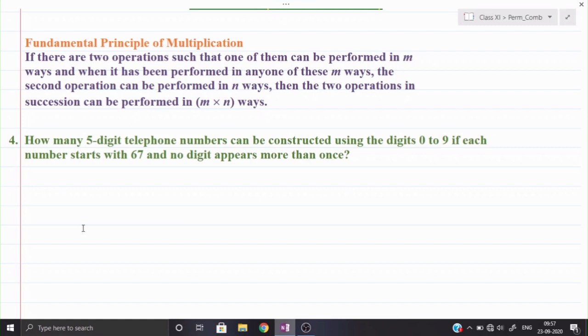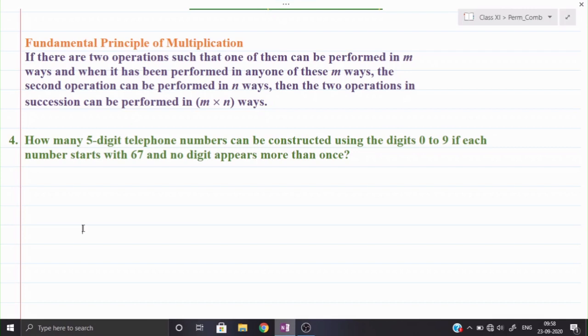So think of a 5-digit telephone number we have to generate using the digits 0 to 9, if each number starts with 67 and no digit appears more than once. You must have seen that when mobile numbers initially came, maybe 10 or 15 years ago, all the numbers were starting with 9 compulsorily, and some special series from special operators were starting with 94. Such a kind of condition is given here.